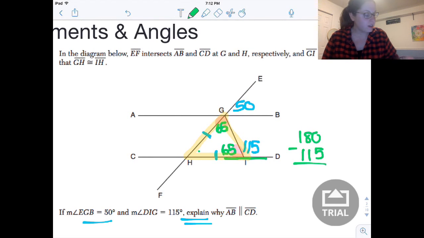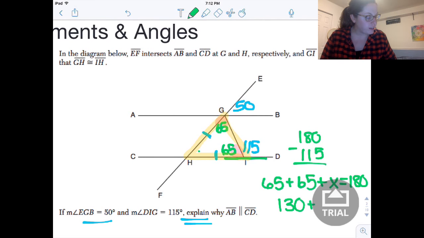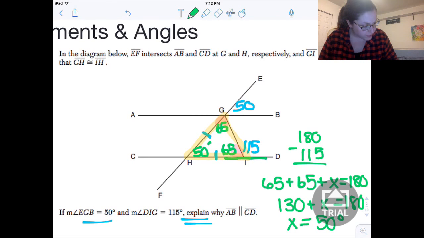So that would be 65 plus 65 plus some number equals 180. 65 plus 65 is 130. So that's 130 plus x equals 180. And subtract 130 from both sides, so x equals 50 degrees. So I see here now that this is 50 degrees.